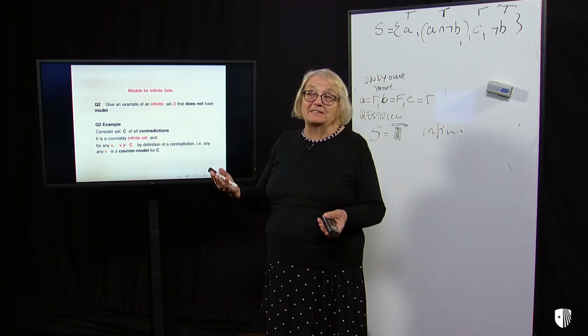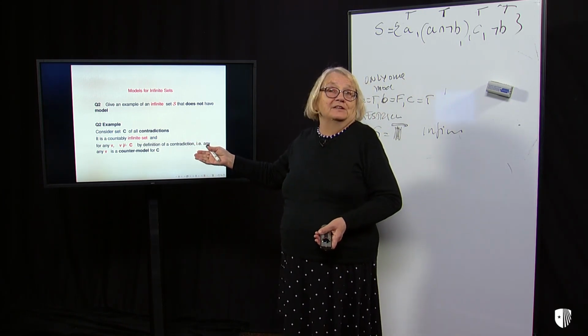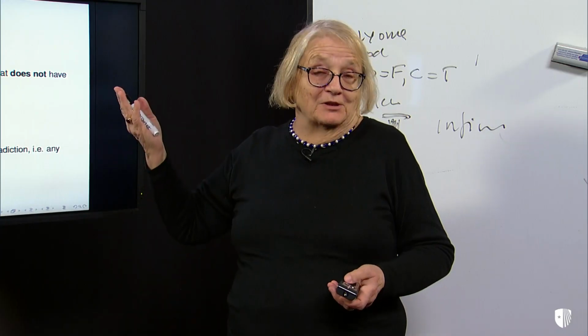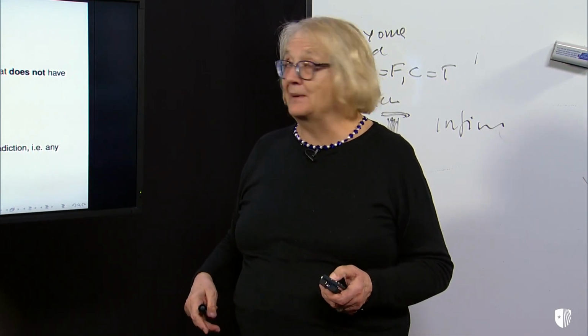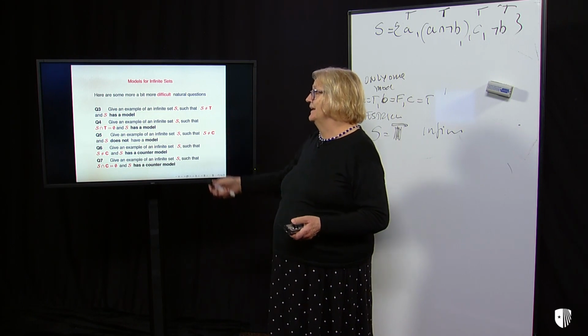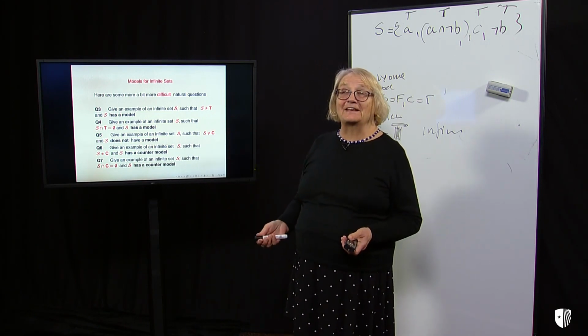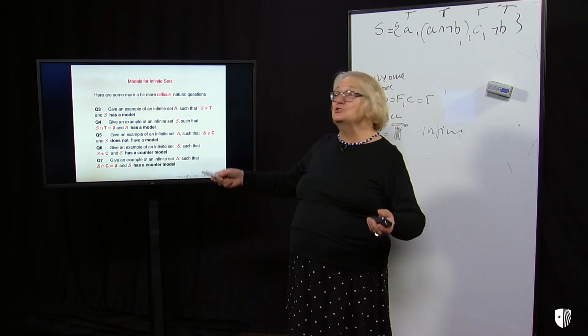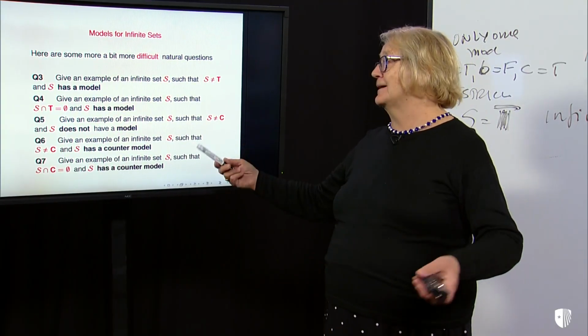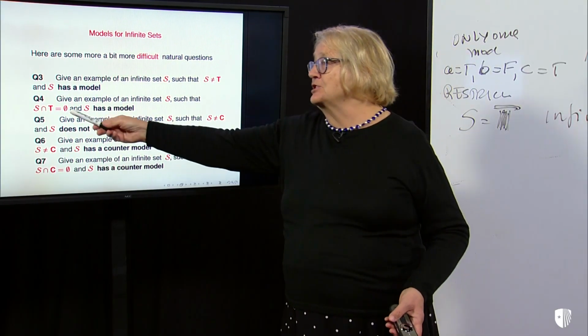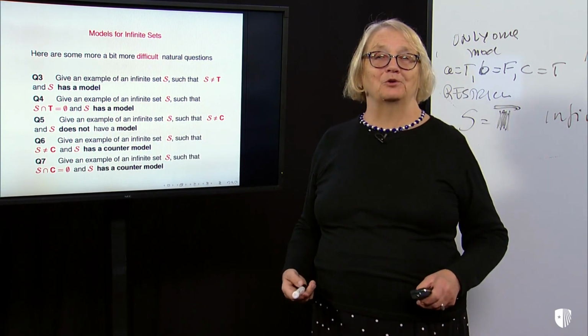For an infinite set, you can take the set of all contradictions. It does not have a model, because none of the contradictions is satisfiable. And again, I give an example of an infinite set which is not a tautology that has a model. Give an example of an infinite set which is disjoint with tautologies.